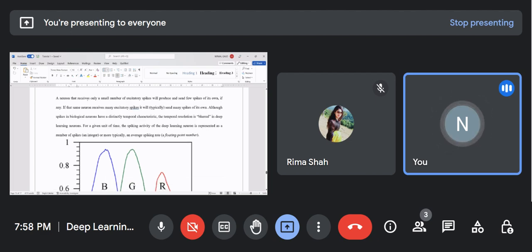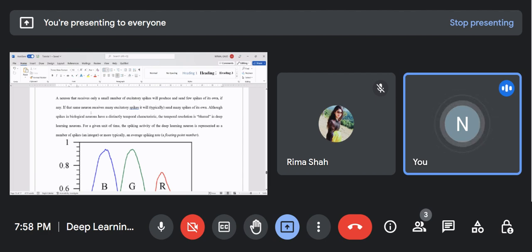A neuron that receives only a small number of excitatory spikes, that is, a very small number of signals, will produce and send few spikes of its own. It doesn't mean that whatever kind of signals you are receiving, huge or small, corresponding signals will be transmitted.